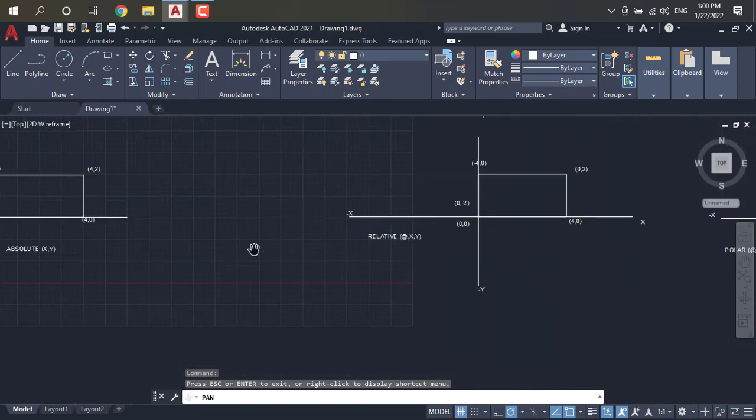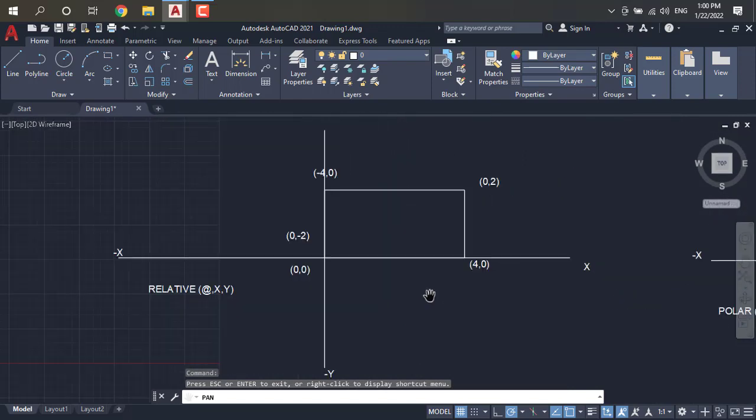After that, the relative coordinate system. In the relative coordinate system, we have to observe the points based upon the previous points, that means @ of the previous. Here the origin is 0, 0.